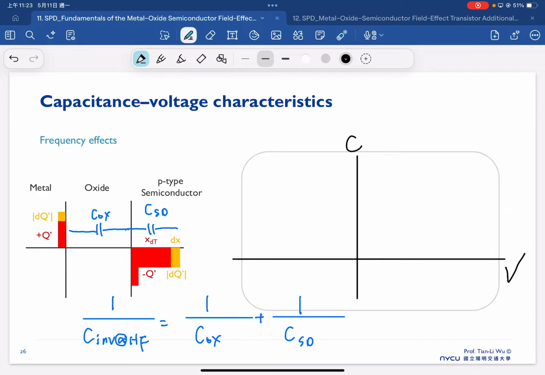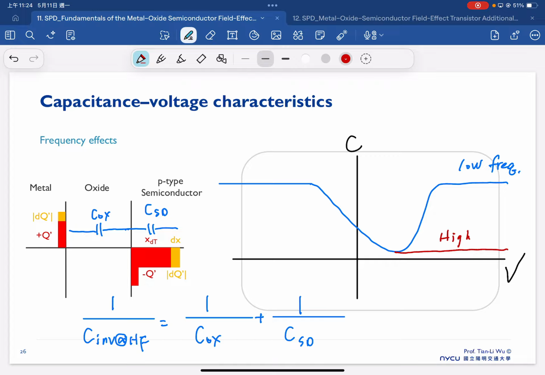So again, plot the CV characteristic. At low frequency, we have the accumulation, depletion, inversion. This is the case under low frequency. But at high frequency, the inversion charge cannot respond, and therefore at high frequency we will see the CV curve shown here.